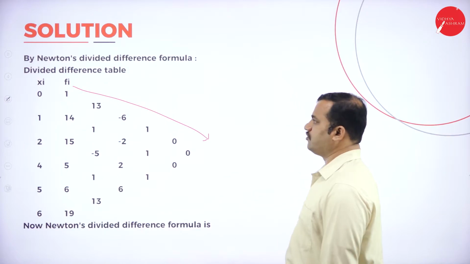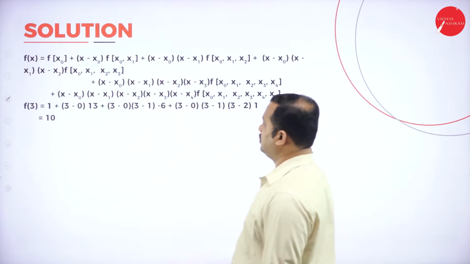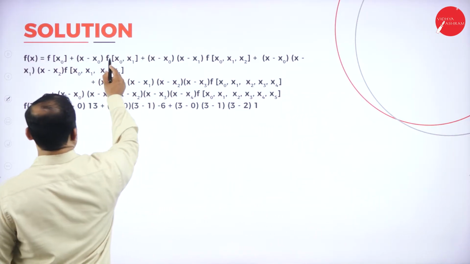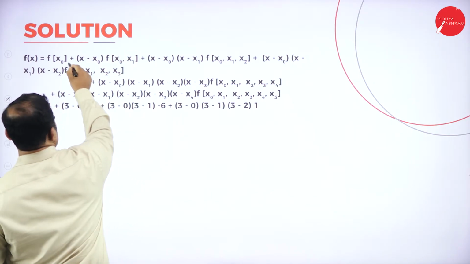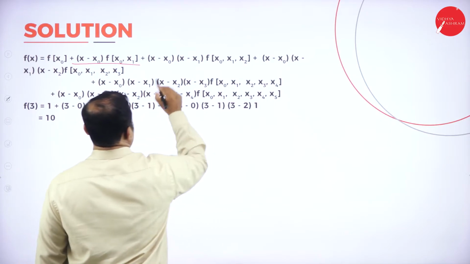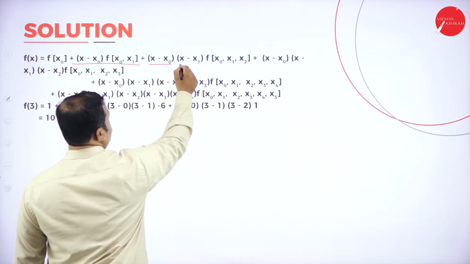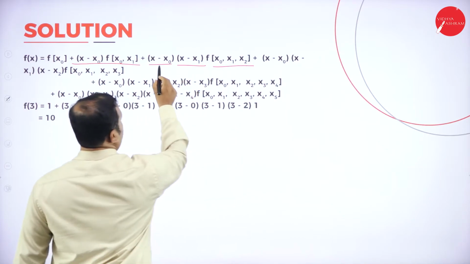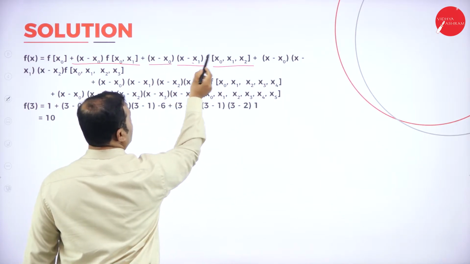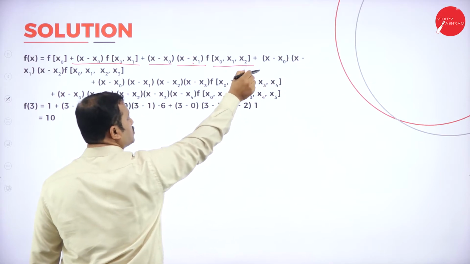Newton's divided difference formula is defined by this term. That is f of x0 plus x minus x0 into f of x0 comma x1. We have this term. Please be careful. Then we have x minus x0 into x minus x1 into f of x0, x1, x2. We have x0, x1, and then the next term, x2, is considered here.